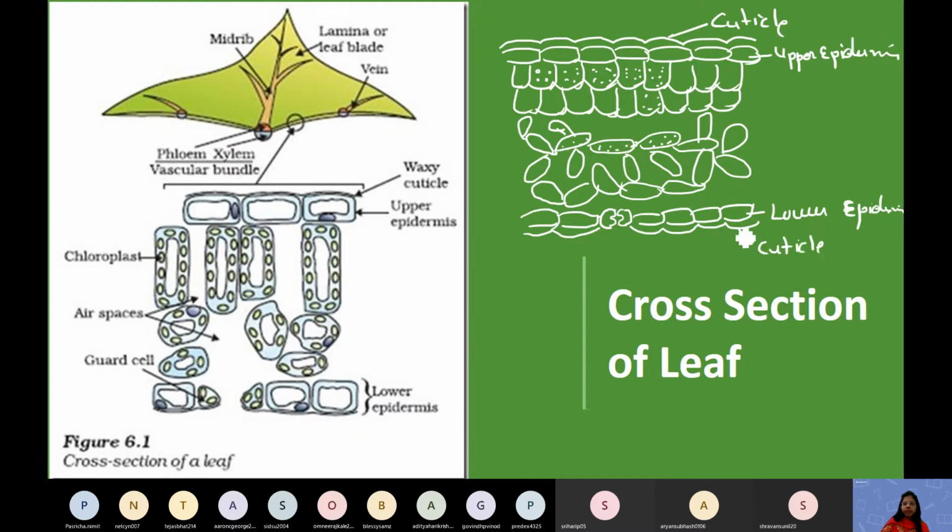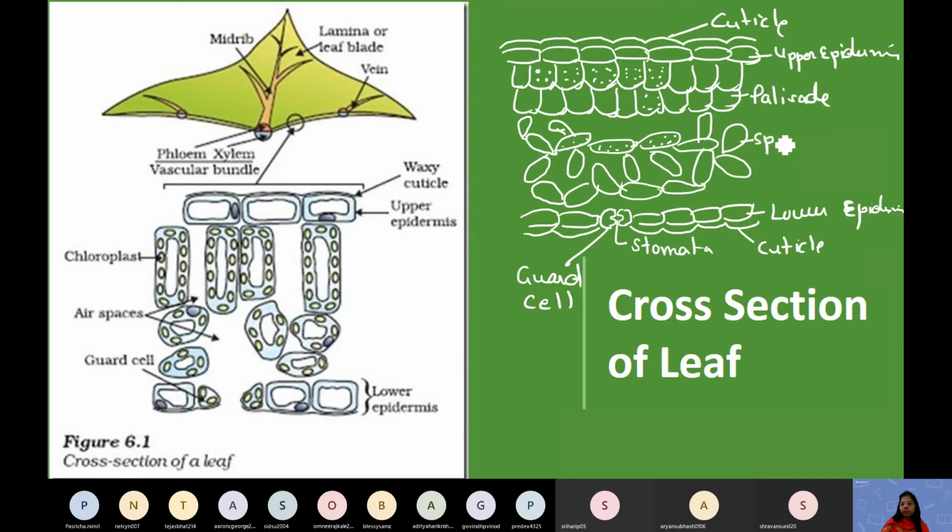In the lower epidermis you can see something there. This is called stomata. Stomata is a cavity, a pore or void. This is a gap between two cells, and these two cells are called guard cells. This one is palisade parenchyma.